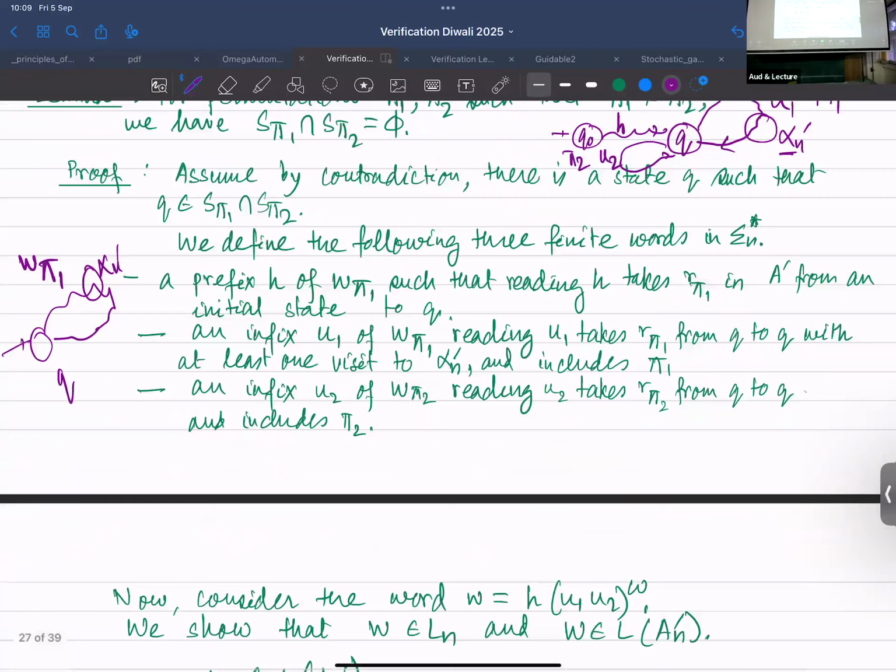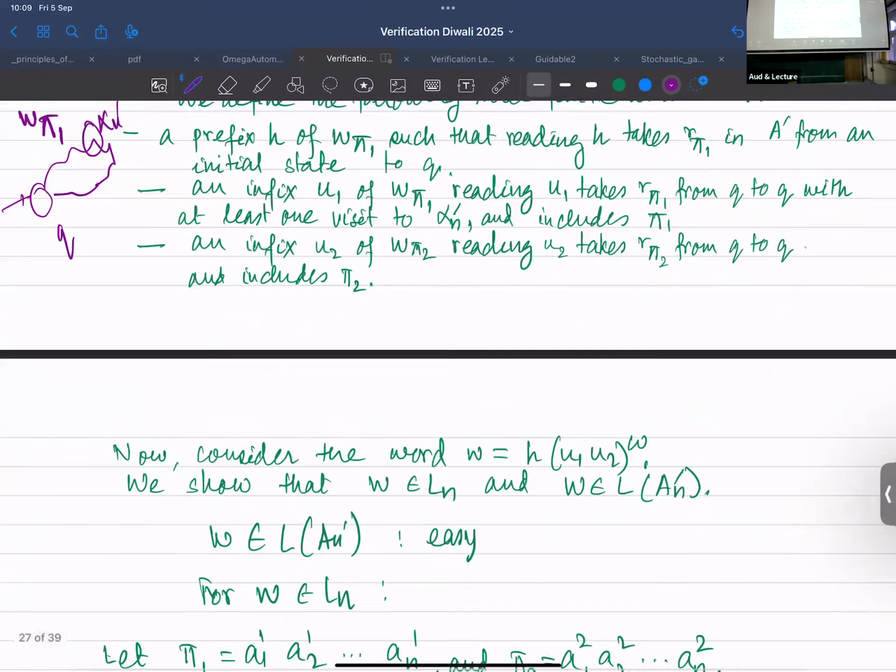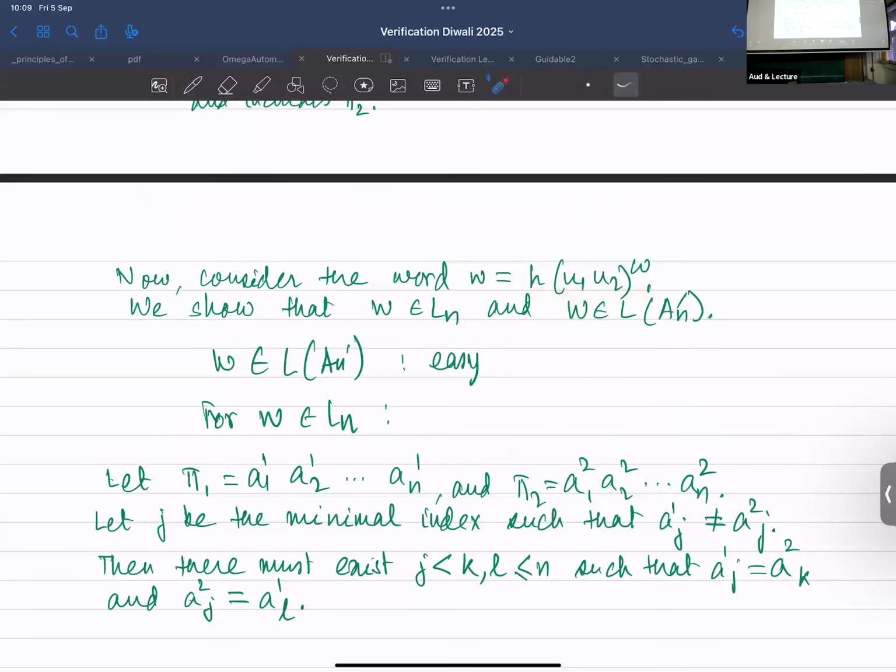Now consider this word h u1 u2 omega. What was h u1 u2 omega? I start from q0, an initial state. I reach q on h. I have such a u1 which visits a state from alpha prime, and I have another finite word u2 which starts from q and comes back to q.